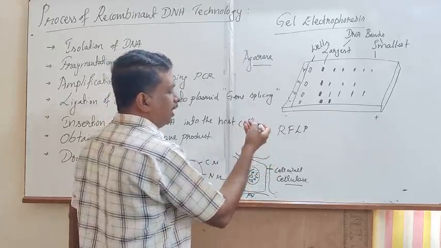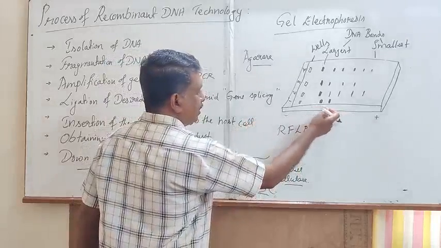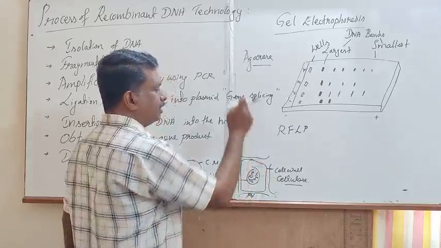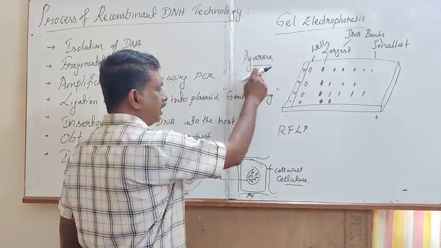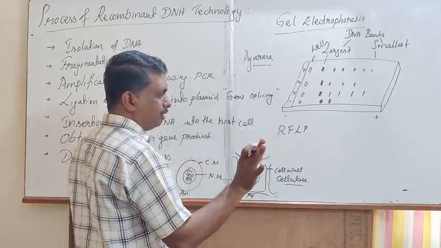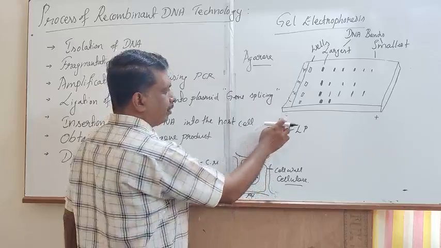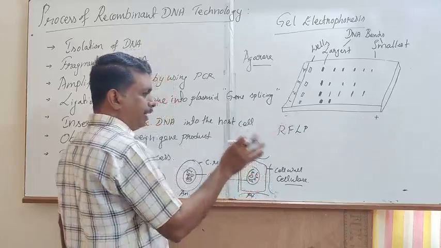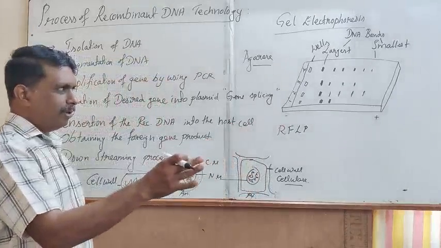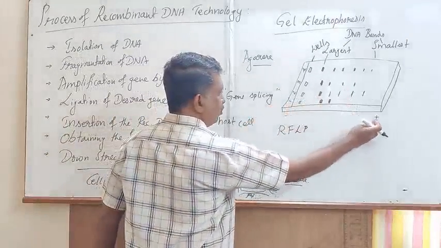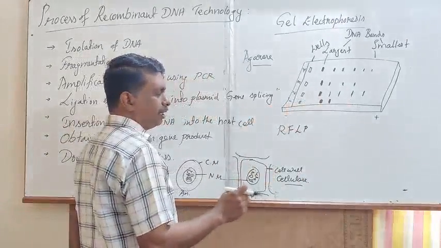Later, a mesh-like semi-solid gel is inserted in the gel electrophoresis. The type of semi-solid gel used is called agarose gel. Slowly, the electric field is connected to the gel electrophoresis. Based on length and molecular weight, the fragmented DNA will start to move toward the positive charge.